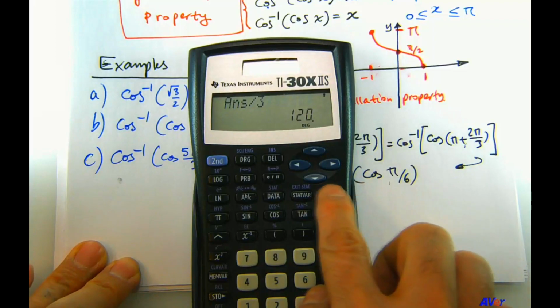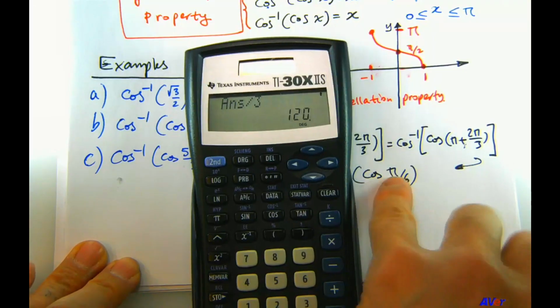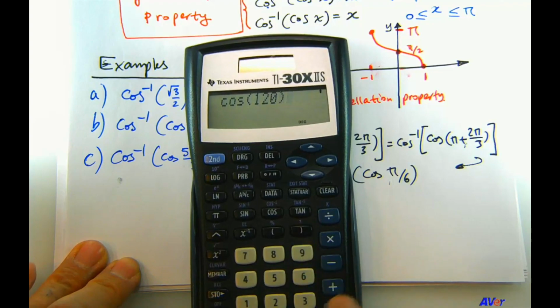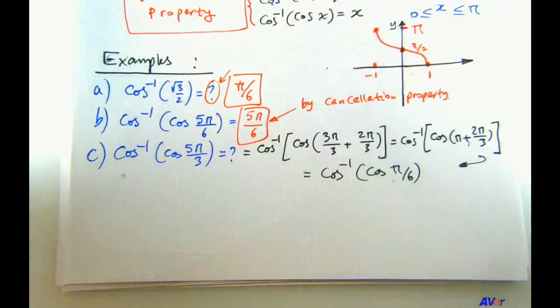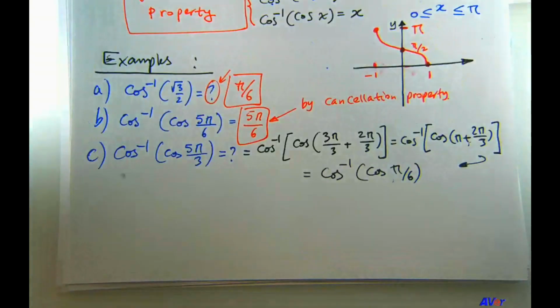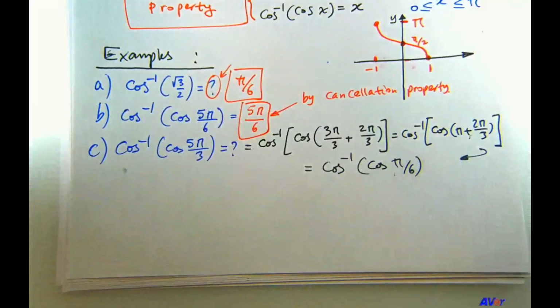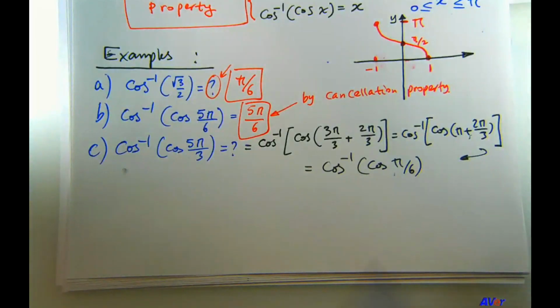I'm pretty sure this is not right, but cosine of 120 degrees would be minus 0.5. But it's in the fourth quadrant, so it would be positive.